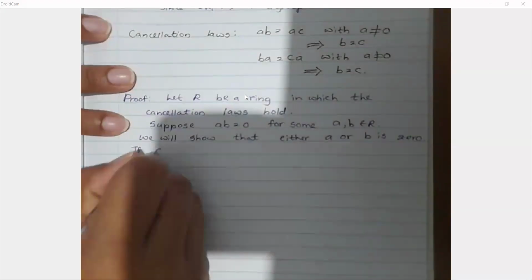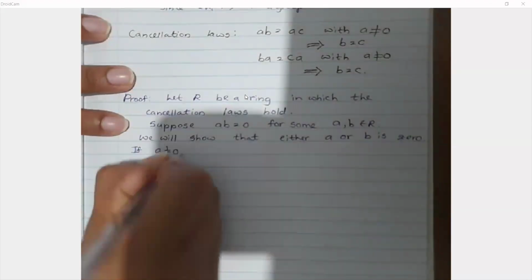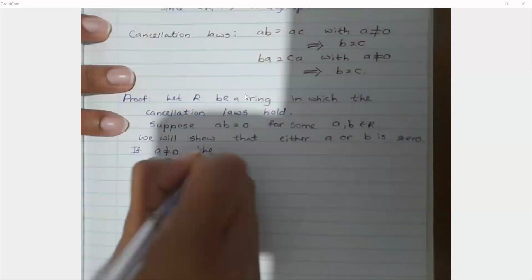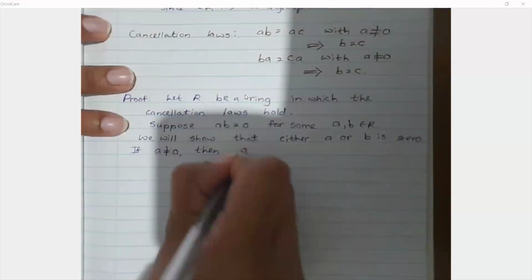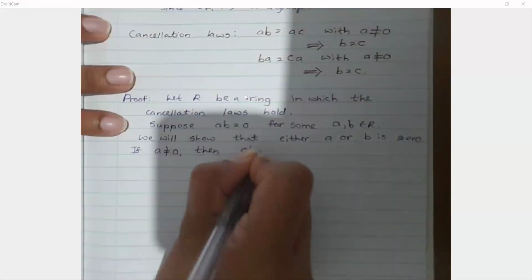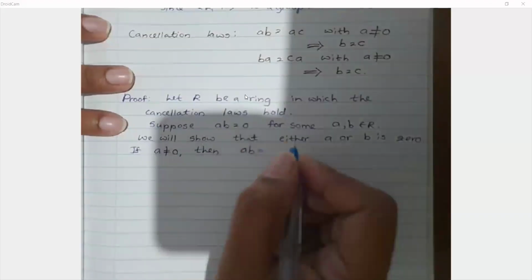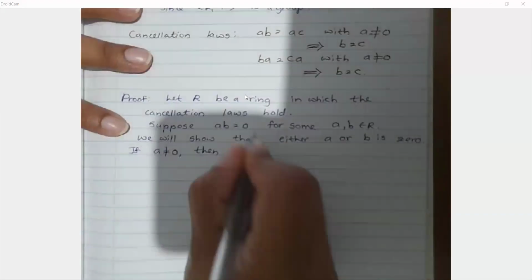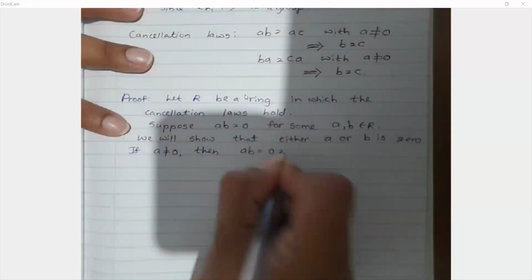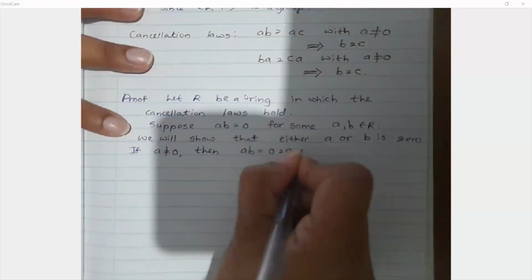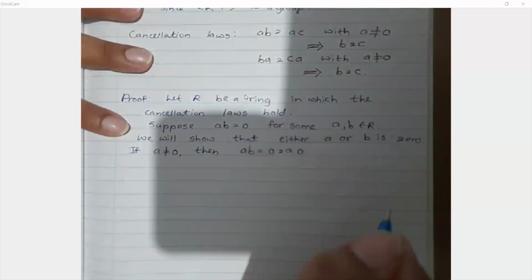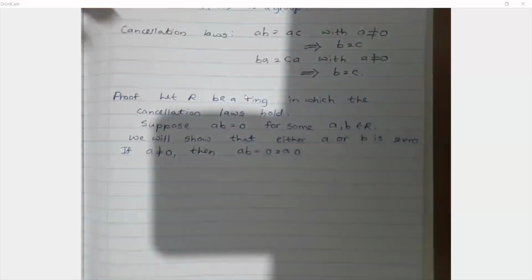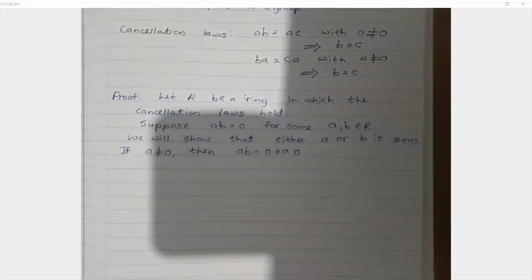If A is non-zero, then this product AB is equal to 0, which is equal to A times 0. These are all the properties that we discussed in one of the previous classes.